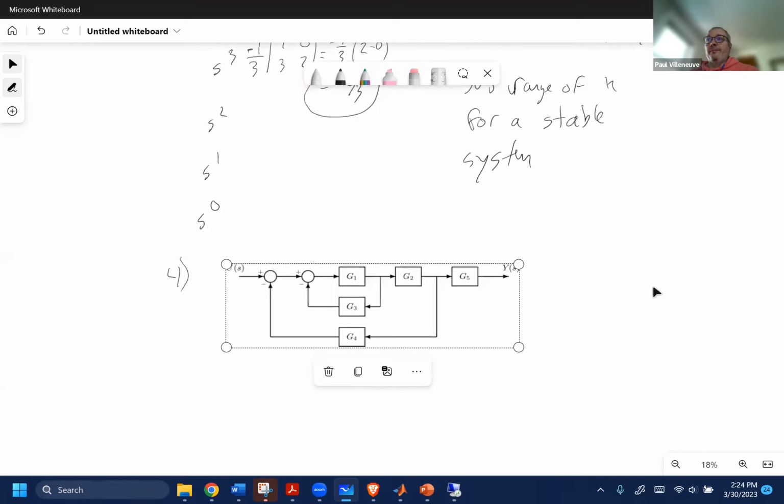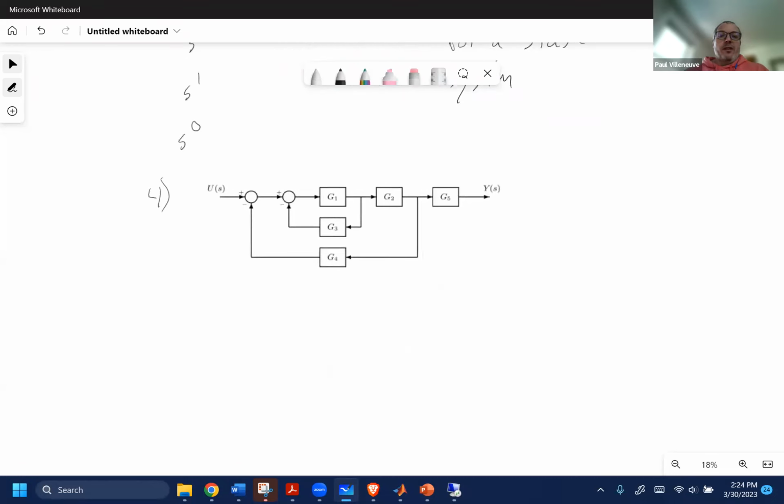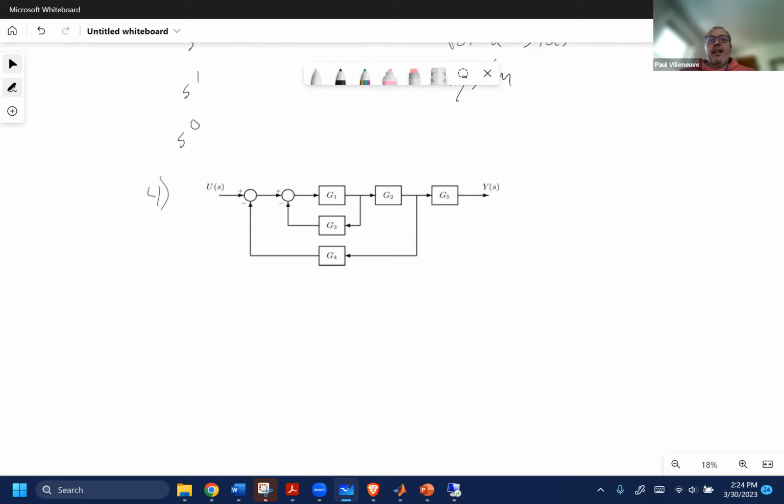All right. Number 4. So number 4, we have a block diagram problem. And if you look here, we have a negative feedback system over here. So taking that part and putting it together is G1 over 1 plus G1, G3. That's the block that's in there.